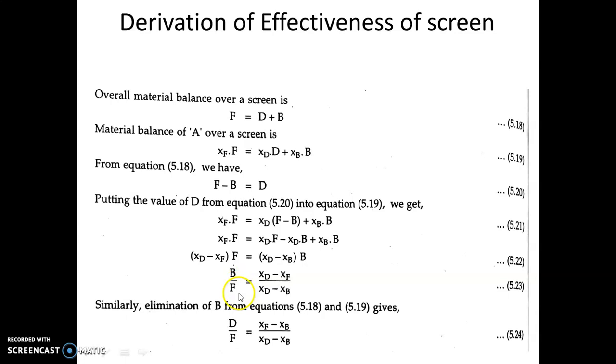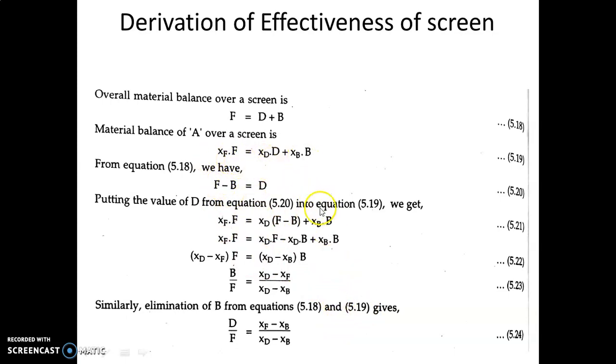B by F is equal to XD minus XF divided by XD minus XB. This is equation number 5.23. Then again, from equation 5.18 we get B is equal to F minus D, and you have to put that in equation number 5.19.